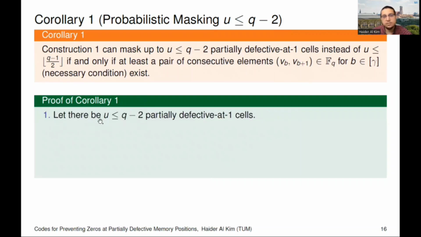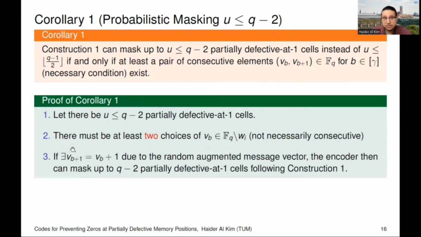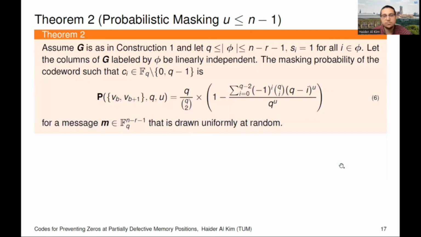So let U be up to this value, Q minus partially defective at one cell. So there must be at least 2 choices of v_b, not necessarily consecutive here. So if this value of v_b plus 1 is a v_b plus 1, due to the random augmented message vector, then the encoder can mask up to this value of partially defective cells following construction 1. So this is obvious.